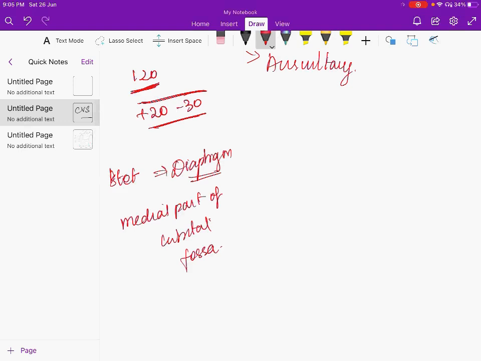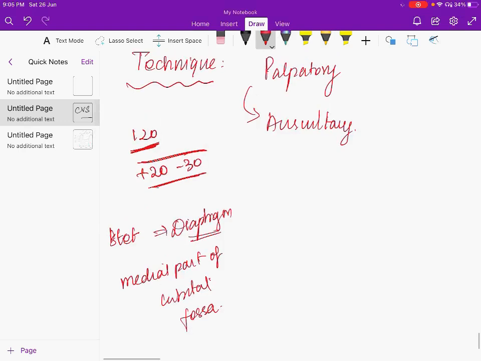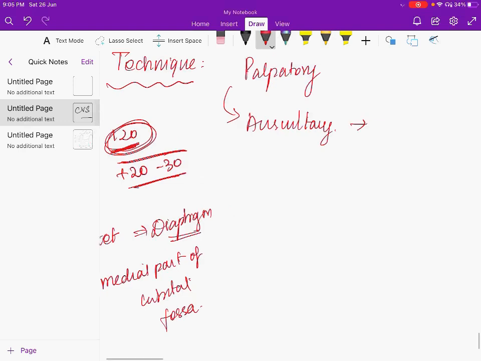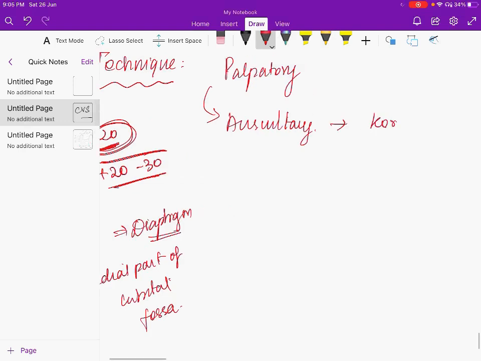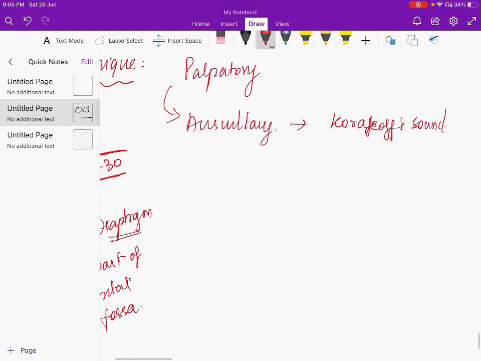We have already recorded the point where your radial pulse disappears, almost around 120. There will be the start of your Korotkoff sound.